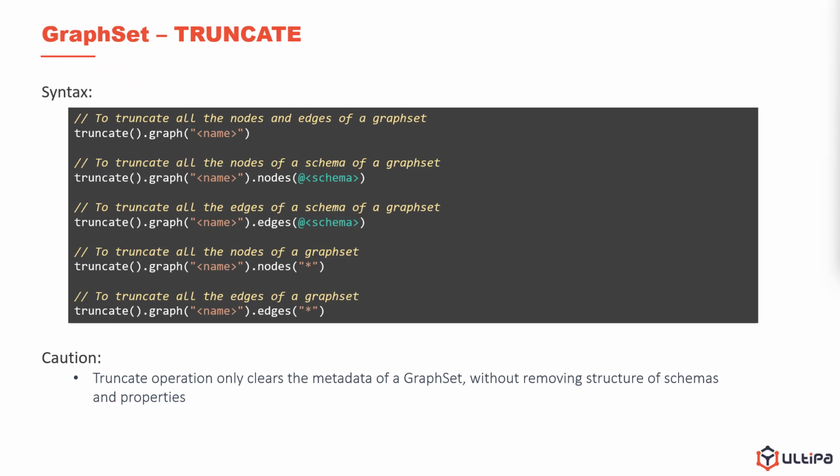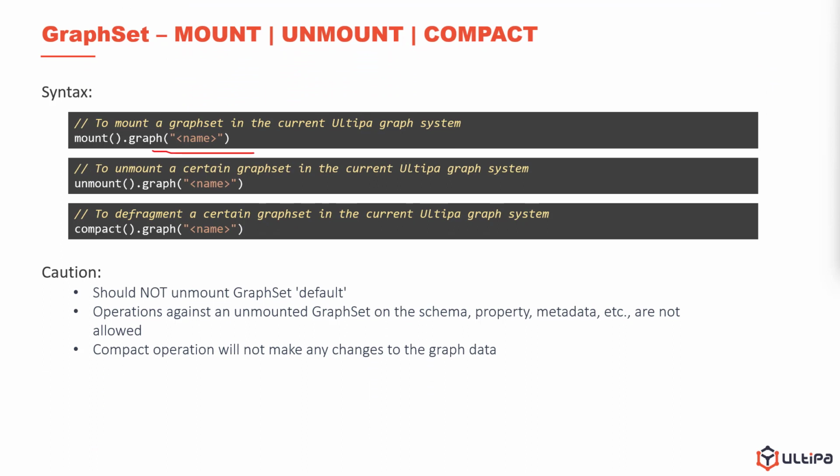We can truncate metadata in different scopes: truncate all the metadata, truncate metadata of a specific schema, or truncate all nodes or all edges. Mount, unmount, and compact all allow only one graph set to be processed at a time.